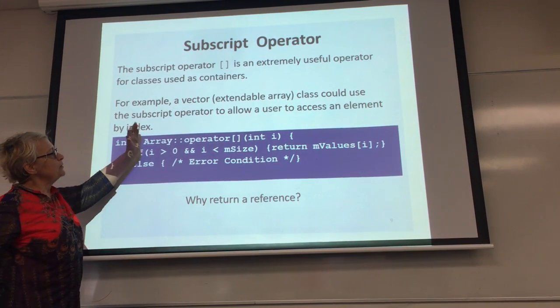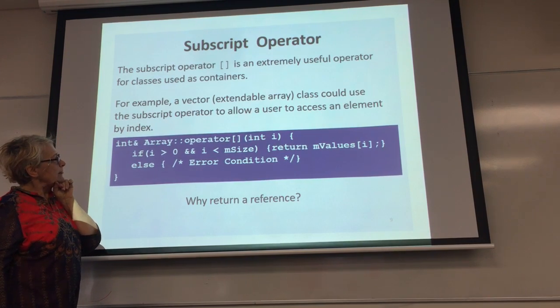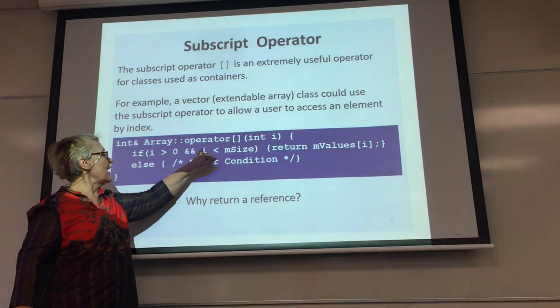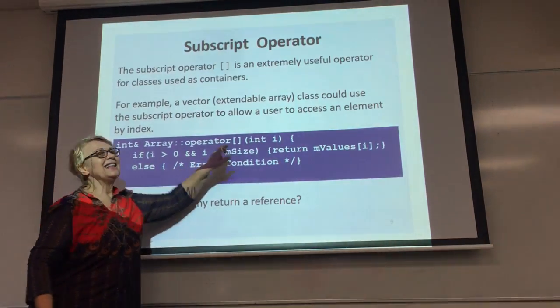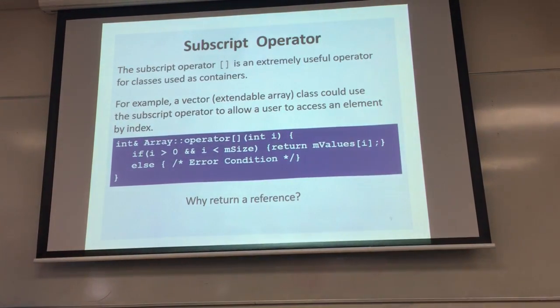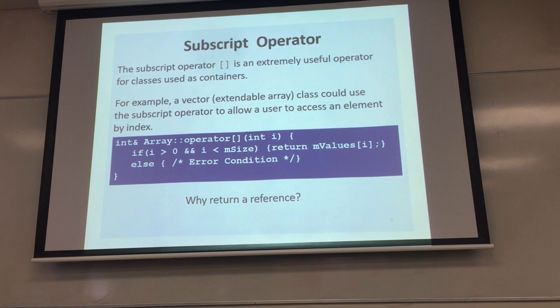We are talking about a pointer to array here. So if we are working with a valid location, remember, location starts with 0, ends at m size minus 1, then we access the element. So m values points to a sequence of elements.